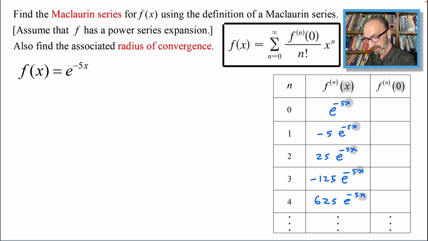Anything raised to the power 0 is 1, which means the last column will end up e to the power 0, that's a 1, negative 5 times e to the power 0 again, which is negative 5 times 1, that's negative 5. This will end up 25. This will end up negative 125 times 1, and 625, and so on.